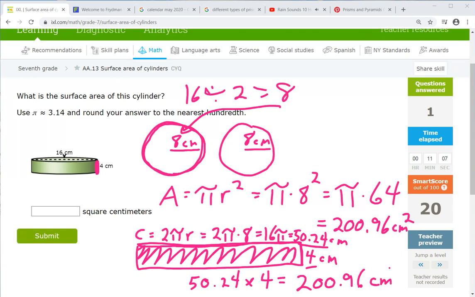That would be, sorry, that would be square centimeters, because this is centimeters, this is centimeters. So centimeters times centimeters is centimeters squared. So I'm getting the same result that I got over here.